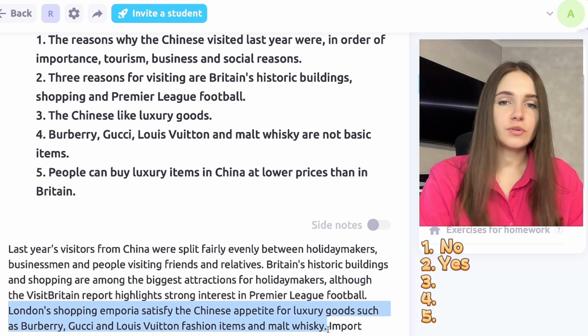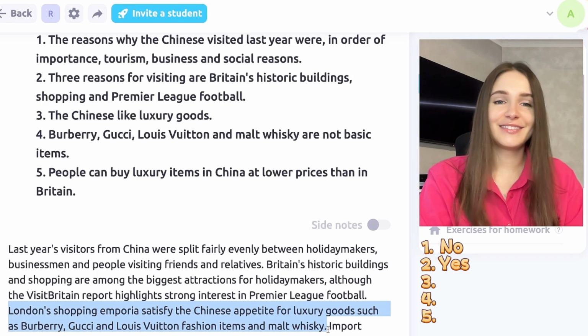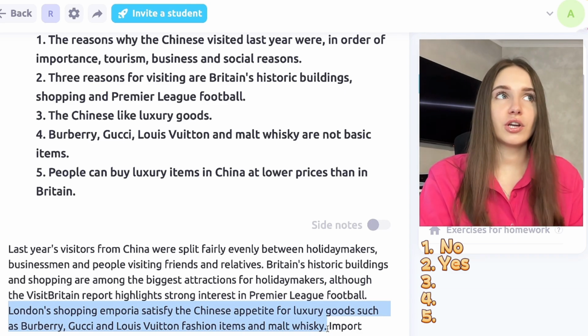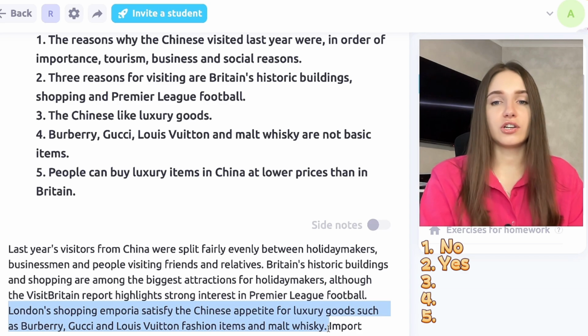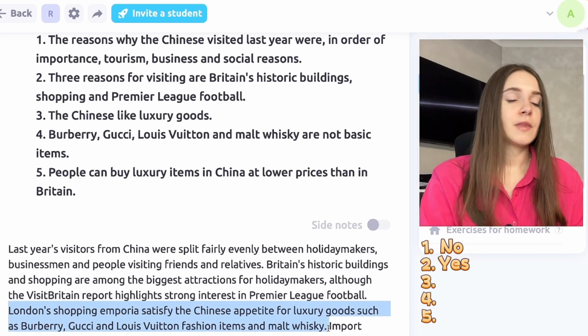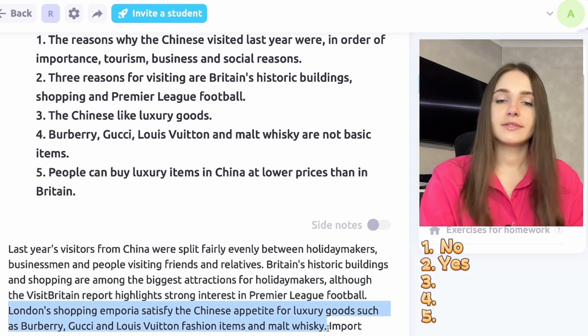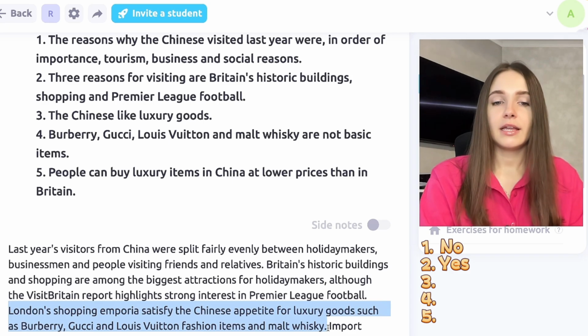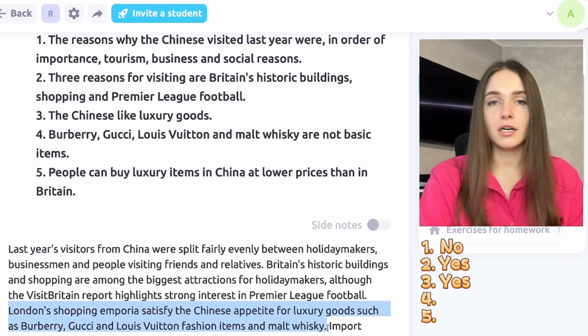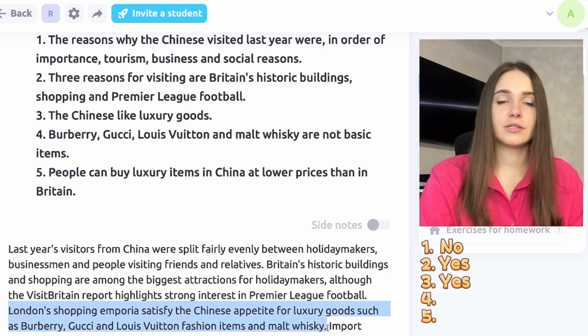For IELTS, it's kind of the same, that Chinese like luxury goods and that they have an appetite for luxury goods. So probably the logic is that if you have an appetite for something, you love it. Okay, so that is yes. They have an appetite for luxury goods, and we have some examples of these luxury goods.